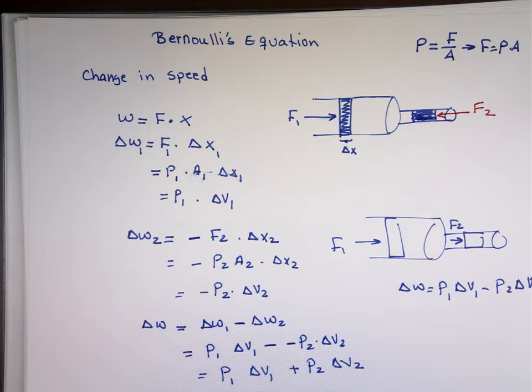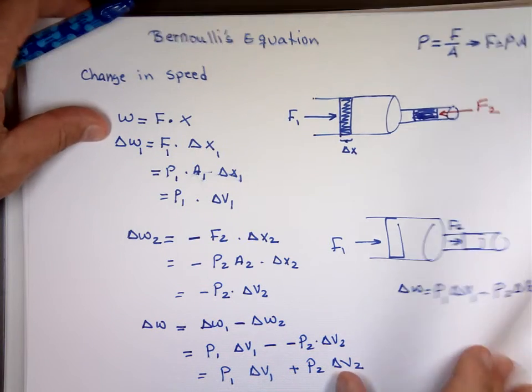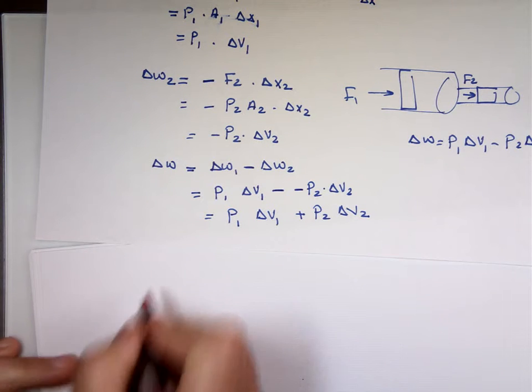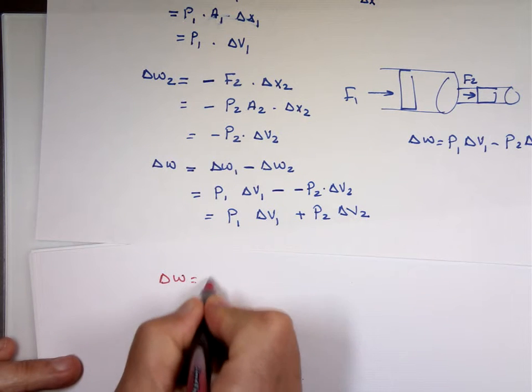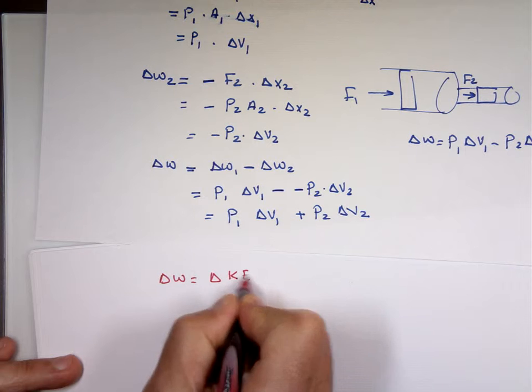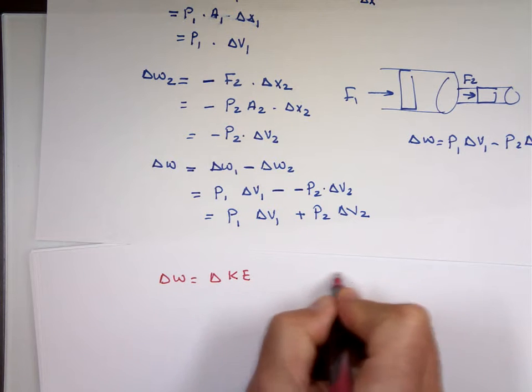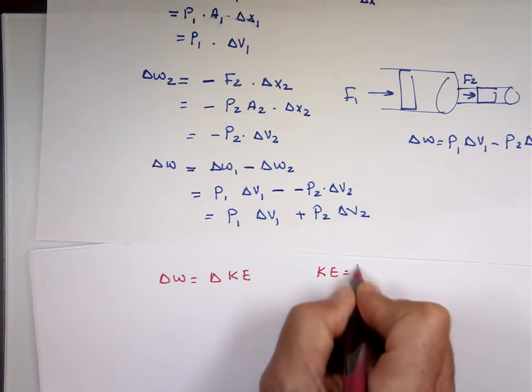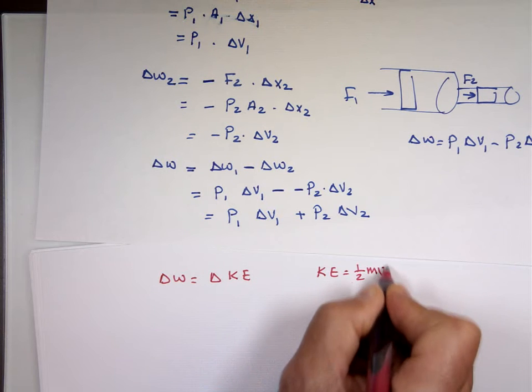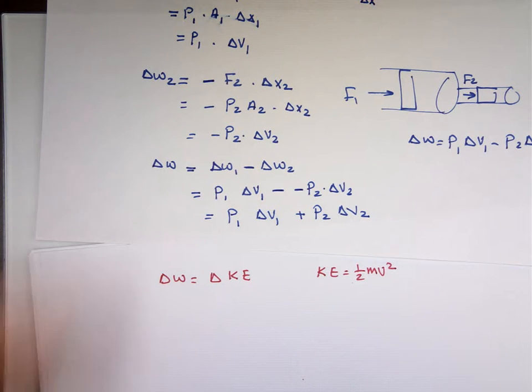Well, we also know work is changing kinetic energy. And kinetic energy, if you remember, is 1/2 mv squared. I'm trying to derive an equation for us.